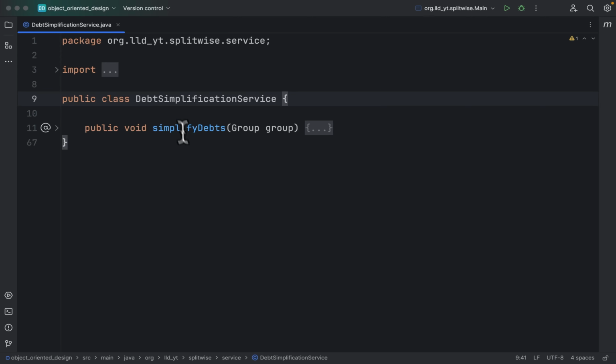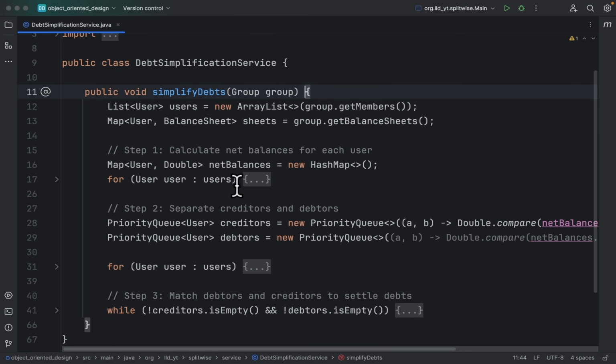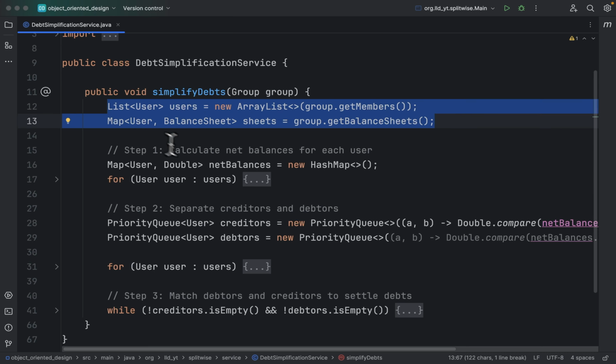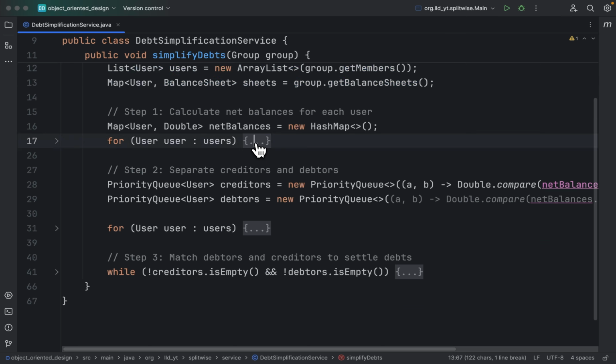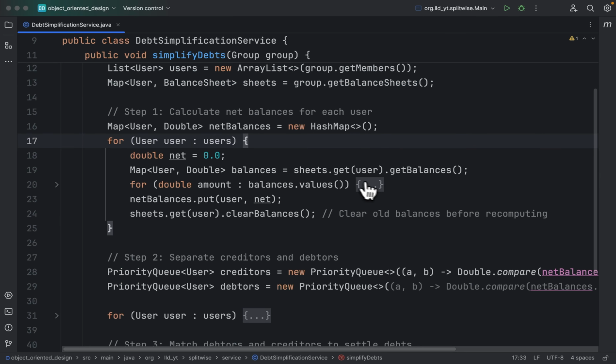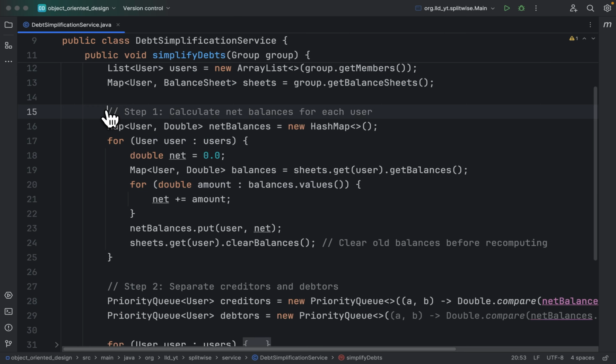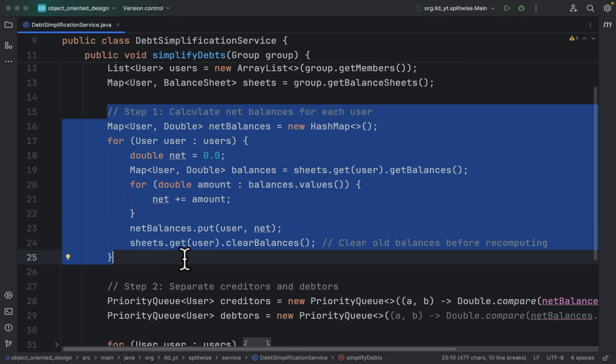So this is the debt simplification service, and this is the function which will help us to simplify the debt in a specific group. So firstly, I am getting the balance sheet of each and every user present in that group, and I am calculating the net balances of each and every user, because we have to remove the old edges and construct the new edges, right?